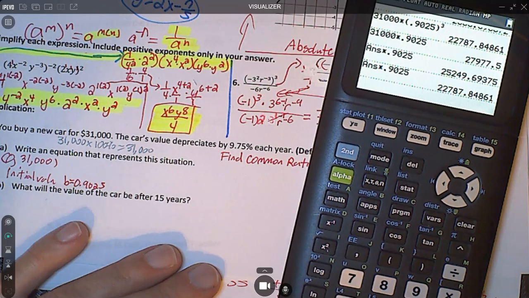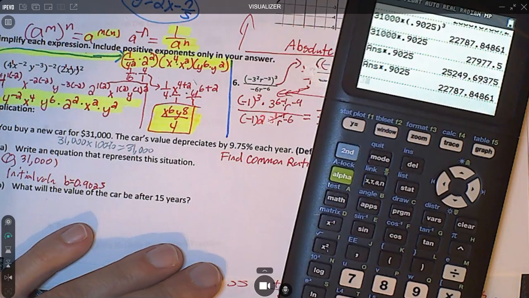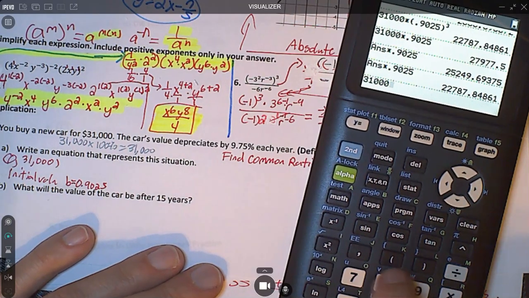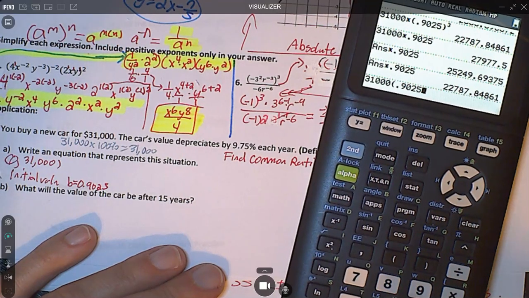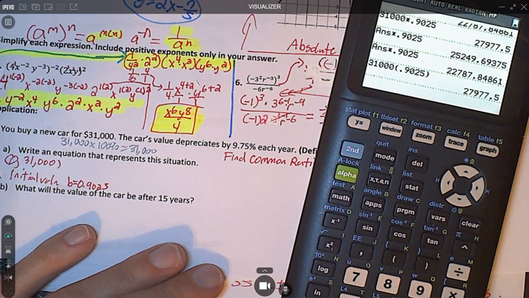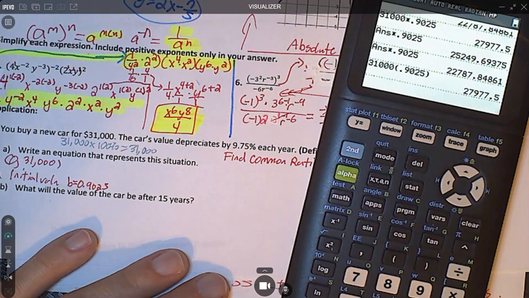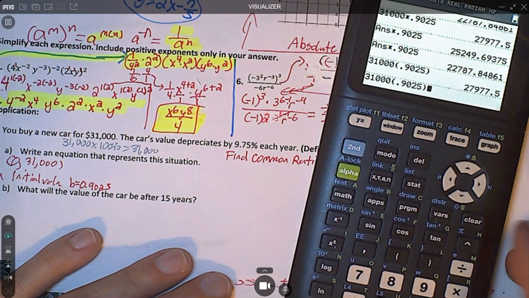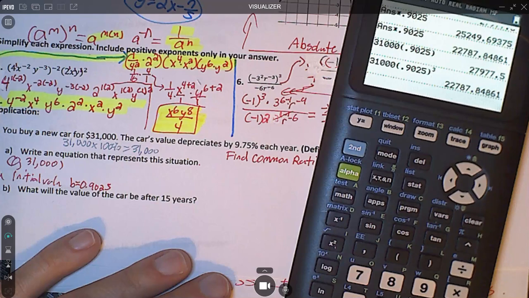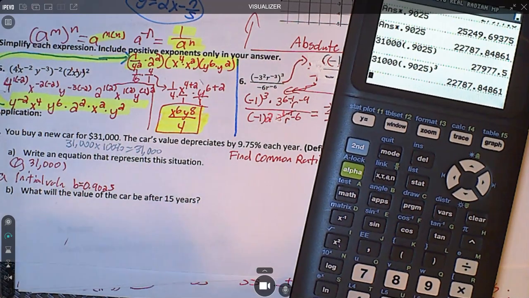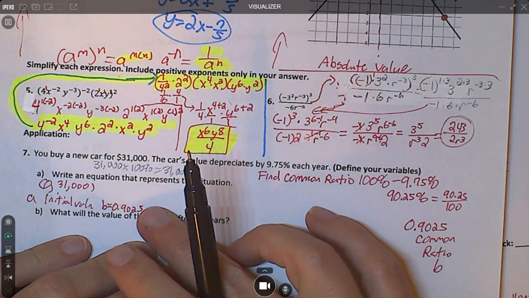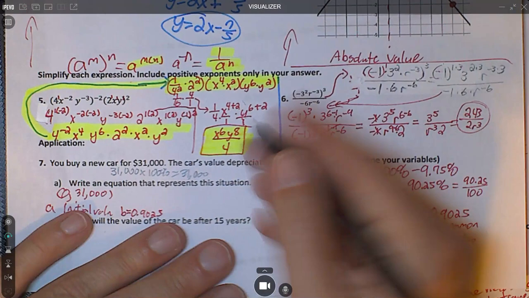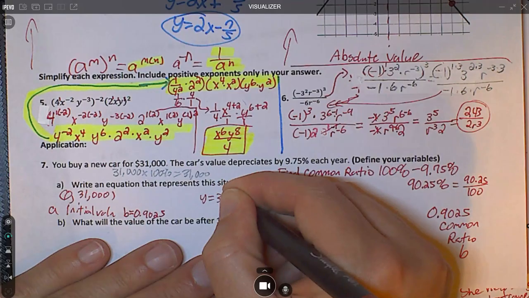Okay, now it works. I typed in something wrong. That's how it's exponential. Oh, I forgot to do to the third. See, and there it was. So that's why you show that. So this would be y equals 31,000 to begin with.